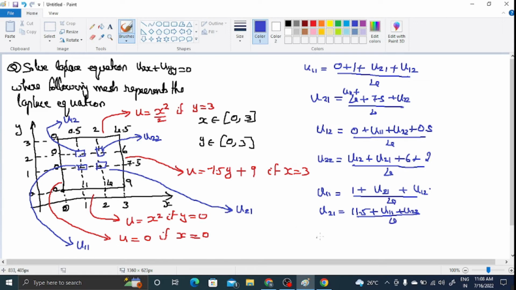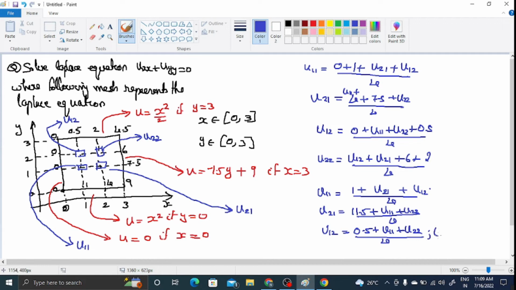The third is u12, equal to 0 plus 0.5, that is 0.5, plus u11 plus u22, divided by 4.